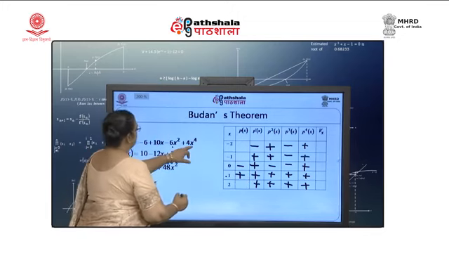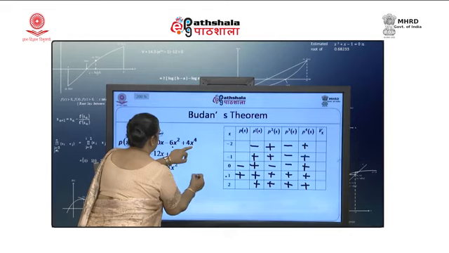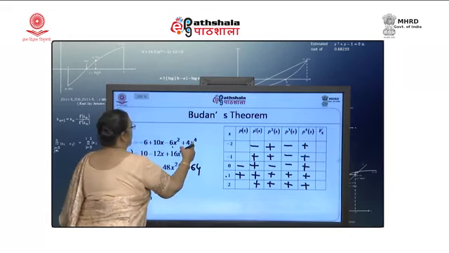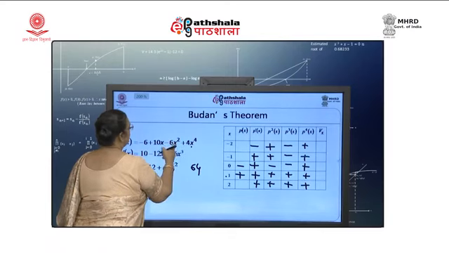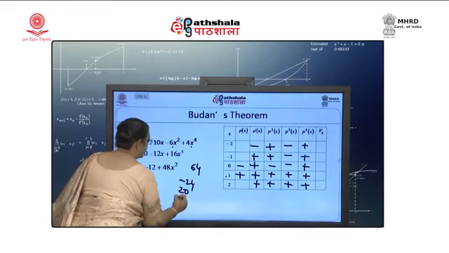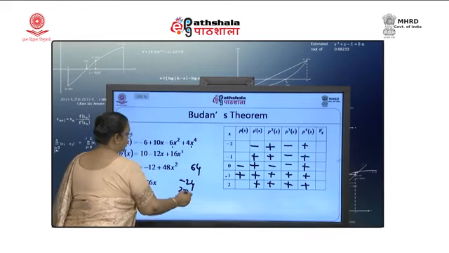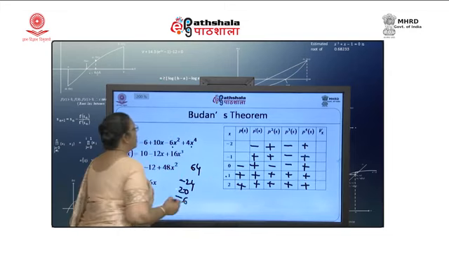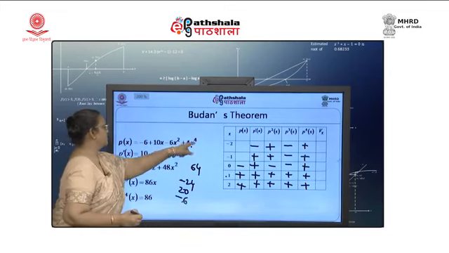At 2, this is 64, 2 raised to 4 into 4, this is 64, this is 2 into 2, 4, minus 6 minus 24, this is 20 and that is minus 6. So again these two are smaller, this is bigger. So at 2 also it is going to be positive. This is the higher term.